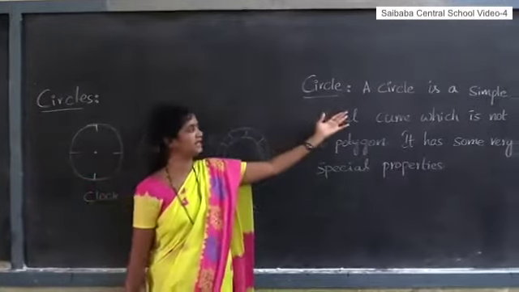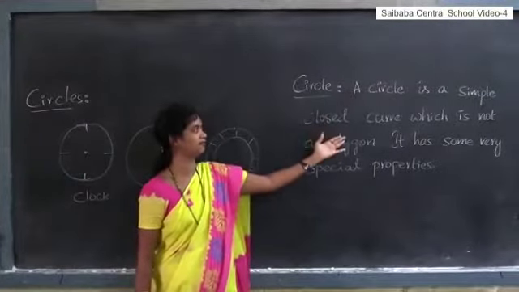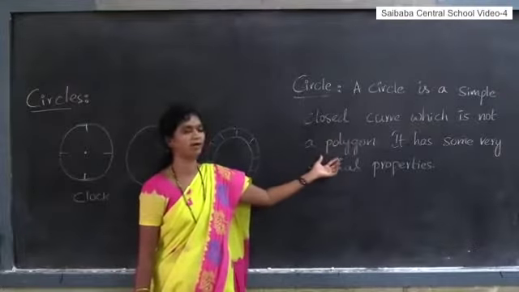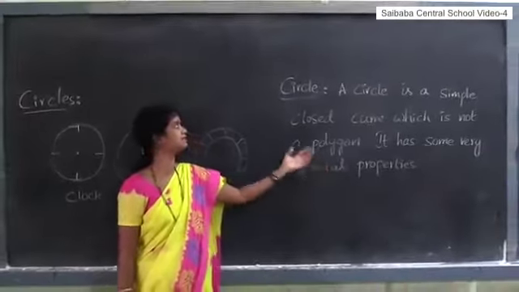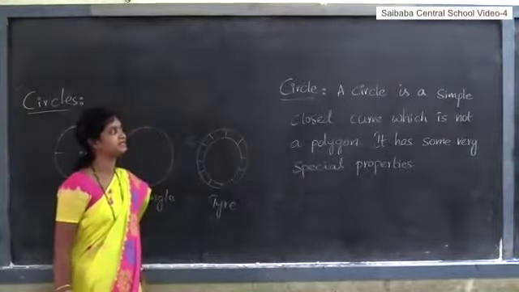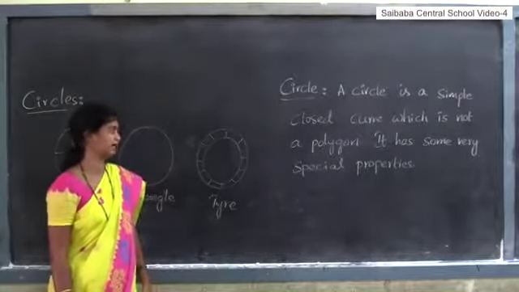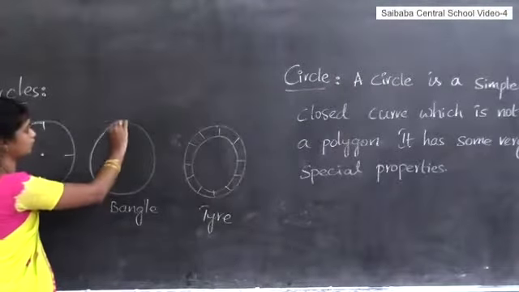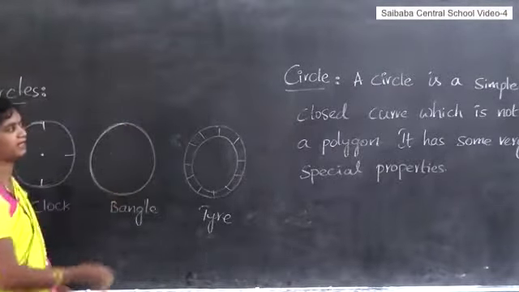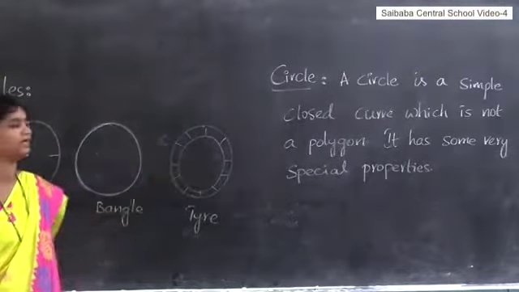A circle is a simple closed curve which is not a polygon. It has some very special properties. So a circle is a simple closed curve, a curve which is closed. And one more condition, which is not a polygon.